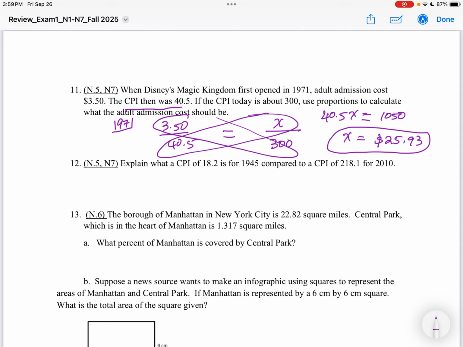Okay, the next question is asking for an explanation of CPI. CPI basically is the measure of the average change in prices over time, compared to a CPI of 21.8 in 1945. It was a lot less because of inflation and the value of the dollar. The CPI in 2010 is a lot higher. So CPI measures the average change in prices for a basket of goods over time.